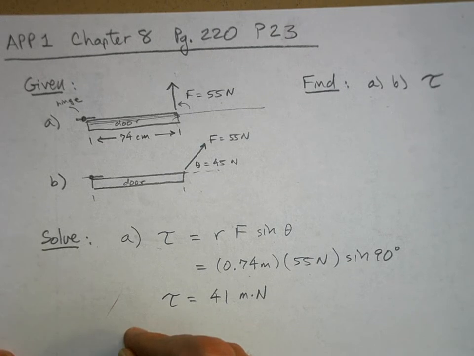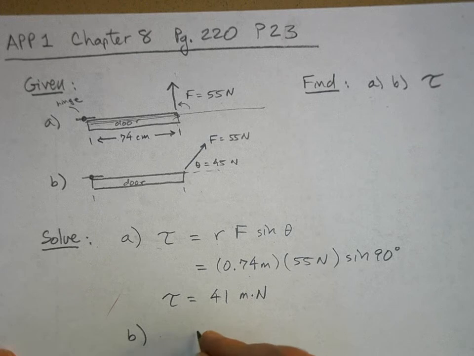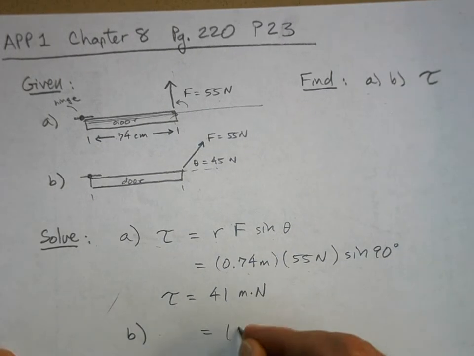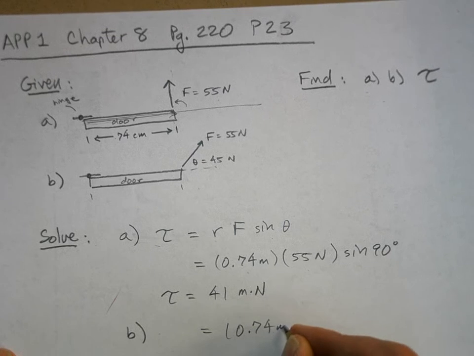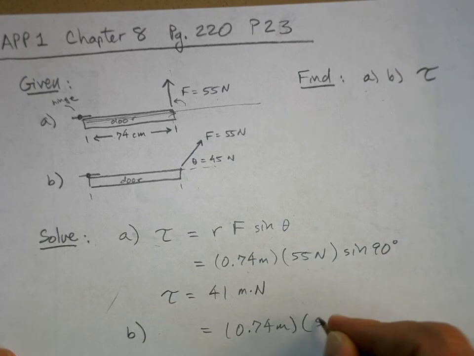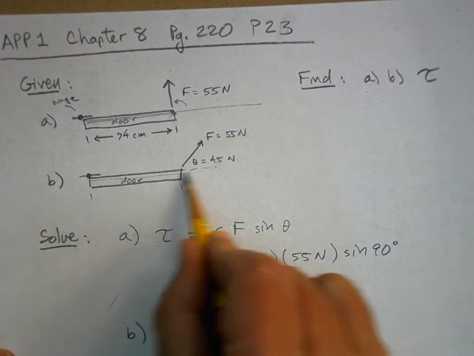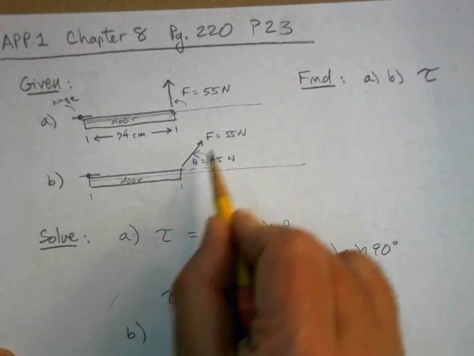Now for part B, you have the same basic equation, but you have r, you have F, and now if I extend r out like this, it makes a 45 degree angle.